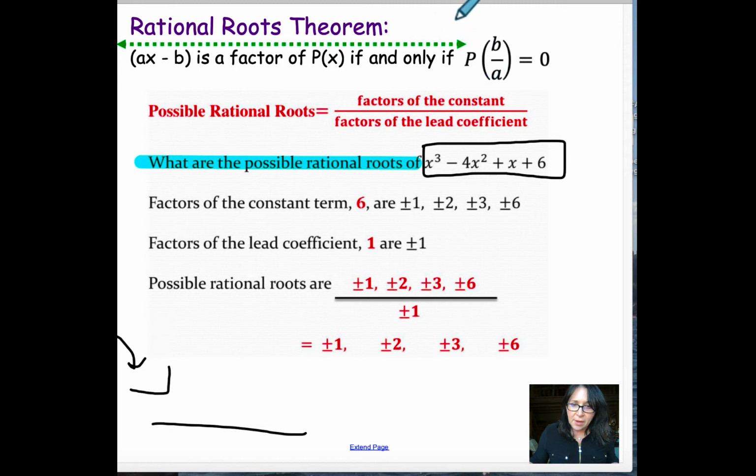So it's a combination of the constant and the coefficient. So meaning the constant is going to be that 6. So see this 6 right here? This is my constant. So it's a combination of factors of that over factors of my x cubed coefficient. All right, that's what it is.